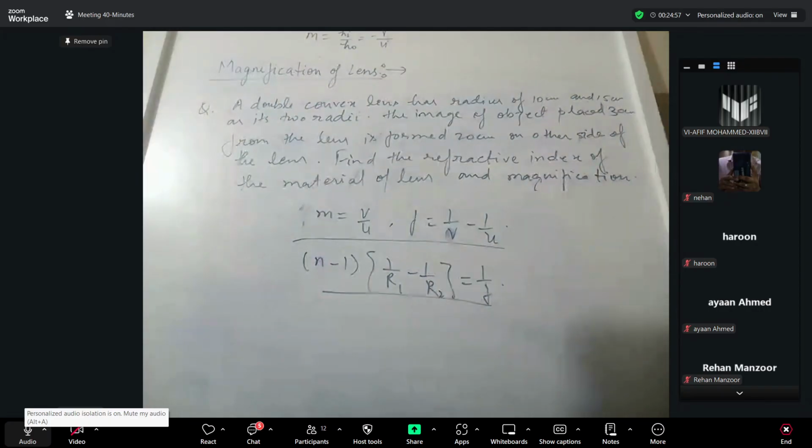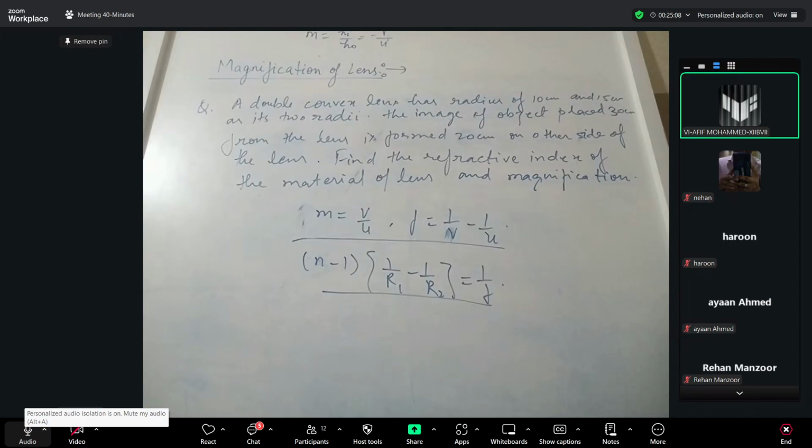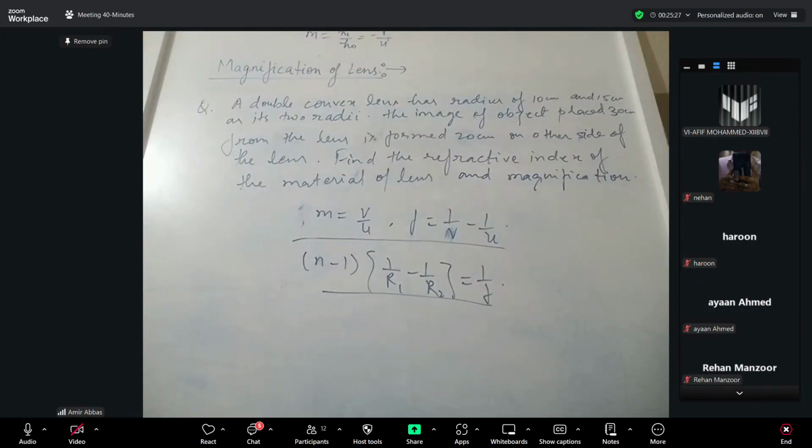What, beta? Refractive index for the convex lens will be positive. Magnification can be positive or negative depending on the case. For a convex lens, it can be positive or negative, but for a concave lens, it will always be positive because it always forms a virtual and erect image.